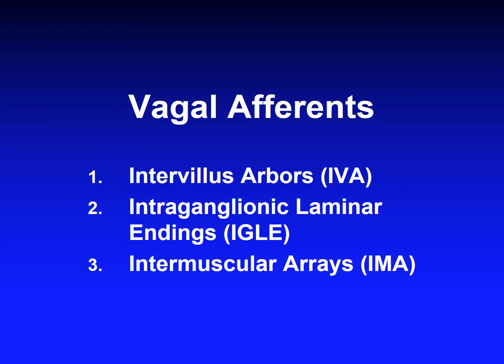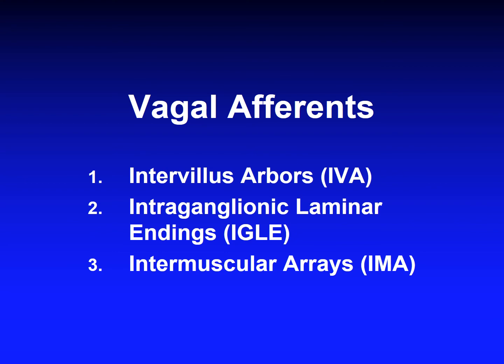All 3 vagal afferents receive information from certain areas in the gut wall, and they send this information to the central nervous system, to the dorsal vagal complex, DVC, in the previous picture.